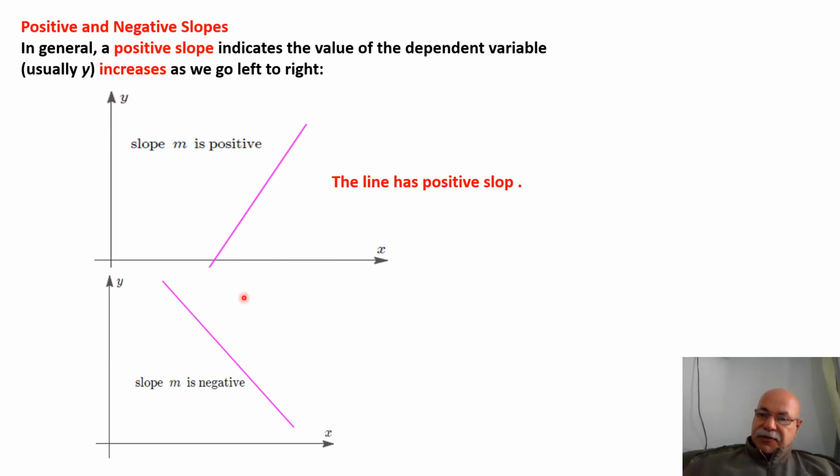Here the negative slope is the opposite. It decreases, not increases, as we go from left to right. This has a negative slope.